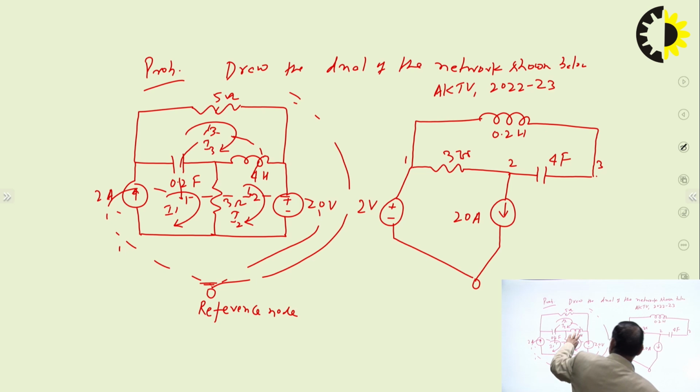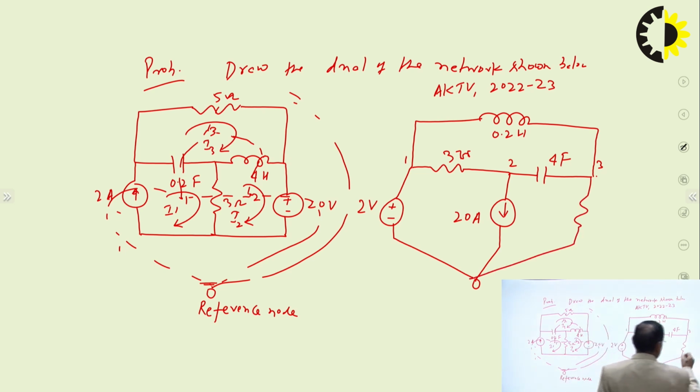Now 2 to 3 is finished. 2 and reference is done, and 2 and 3, which is 4 henry, we have done. Now 3 to reference we have the 5 ohm, so it is 5 mho.